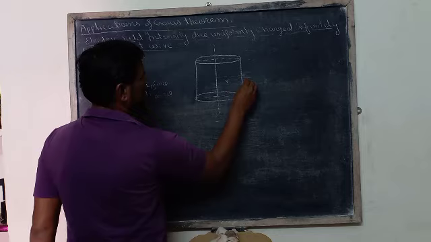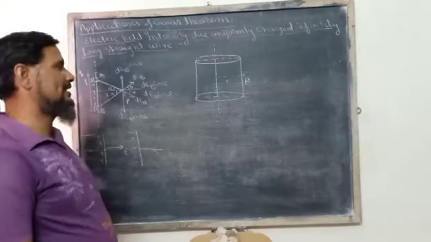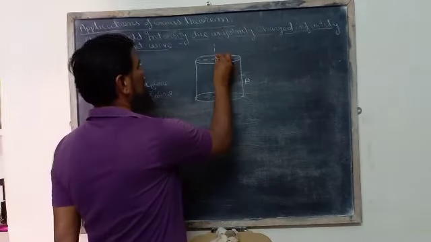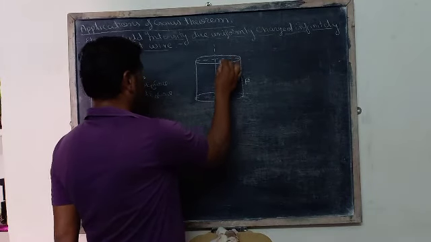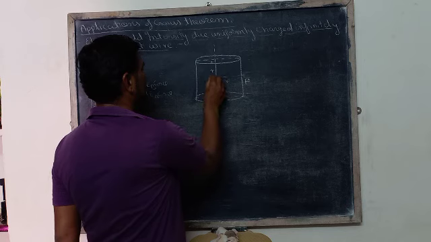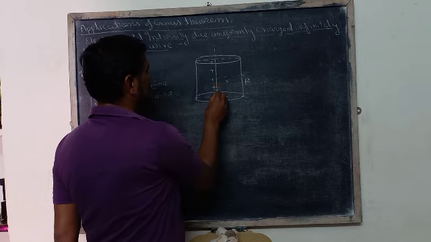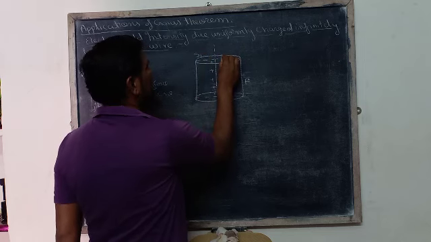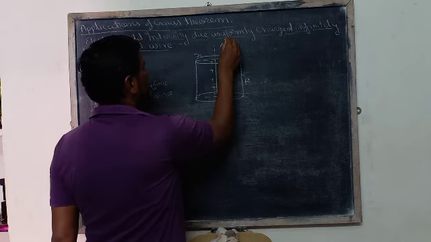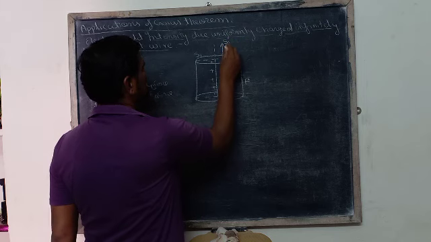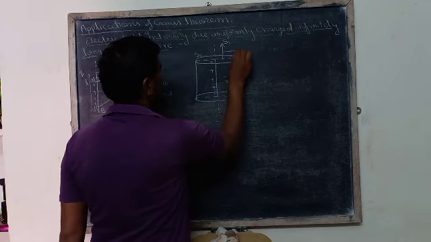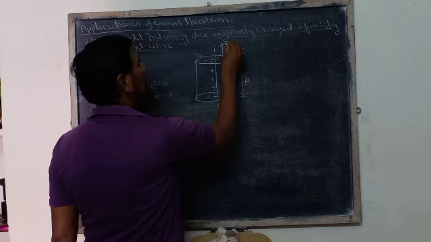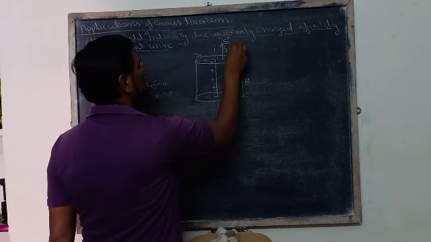So there are three surfaces in this Gaussian surface, and the direction of the electric field intensity will be vertically outward. For the surface S1, the direction of S1 will be perpendicular to the surface, and the electric field intensity will be along this direction, and both are perpendicular.